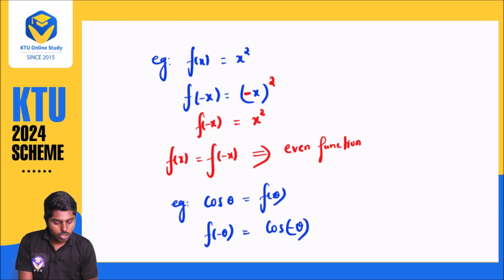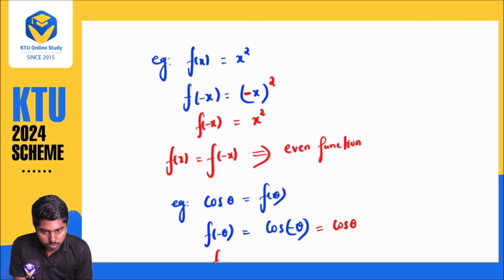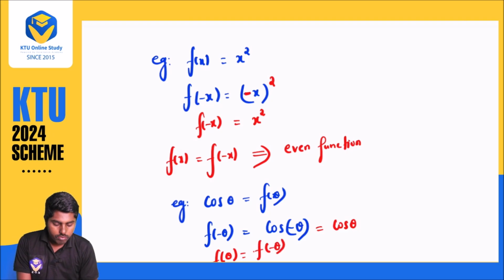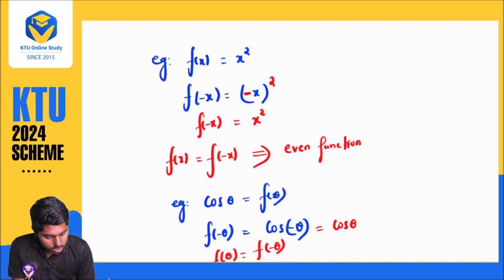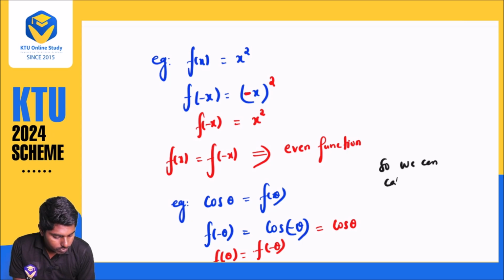Cos of minus theta is nothing but cos theta only. So f of theta is equal to f of minus theta. So we can call cos theta an even function.